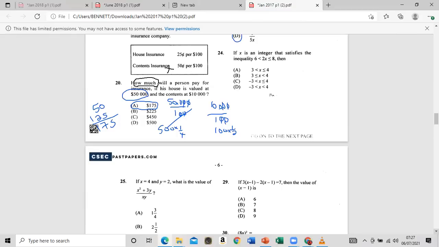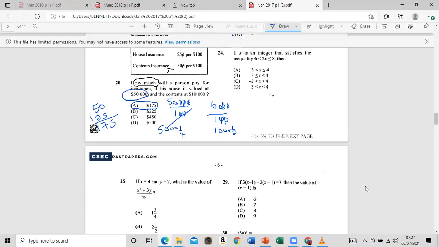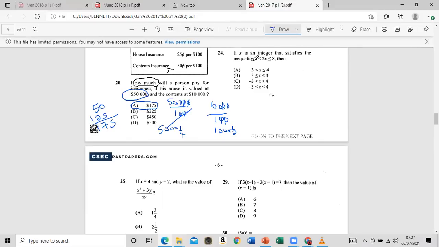If x is an integer, then that satisfies the inequality. First we just divide both sides by 2 to get rid of this, so x stands alone. That will be 3 less than x, less than or equal to 4.